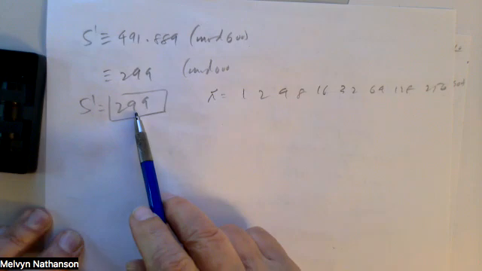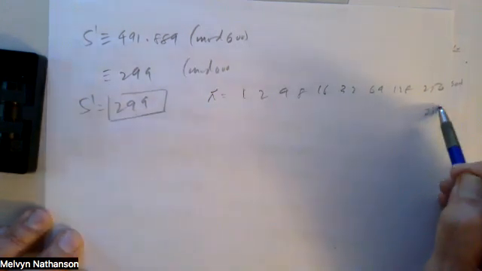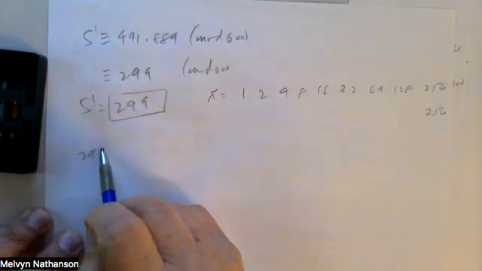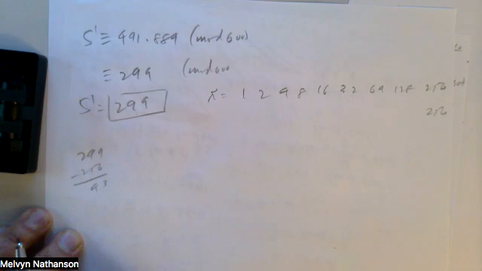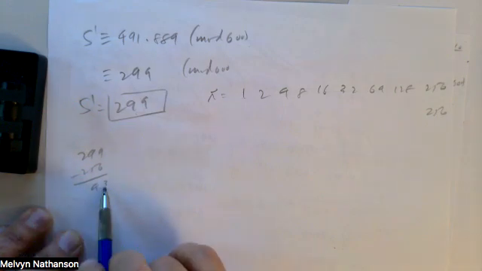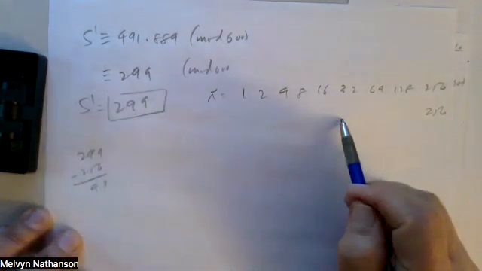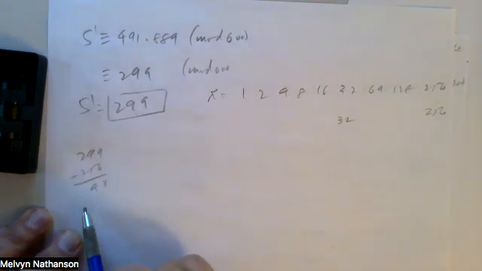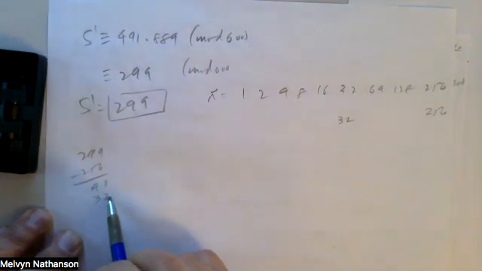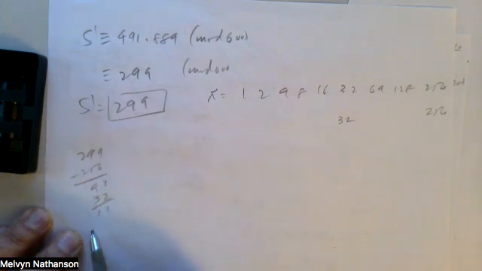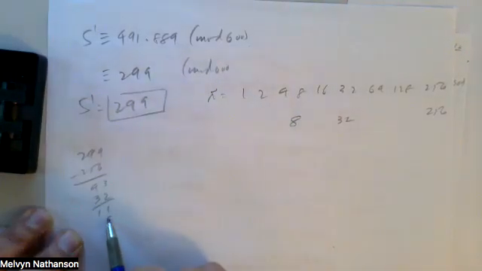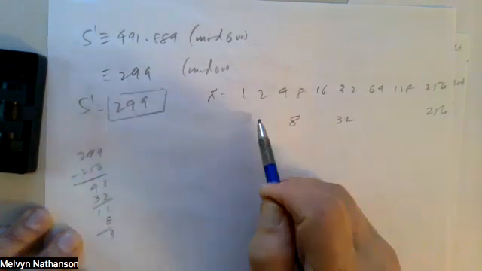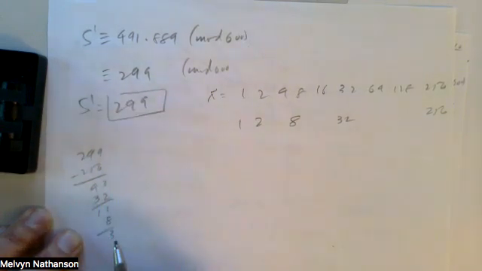The largest power of 2 you can pick is 256. 299 minus 256 is 43. The largest power of 2, no bigger than 43, is 32. 43 minus 32 is 11. The largest power of 2, no bigger than 11, is 8. 11 minus 8 is 3. 3 is 2 plus 1.